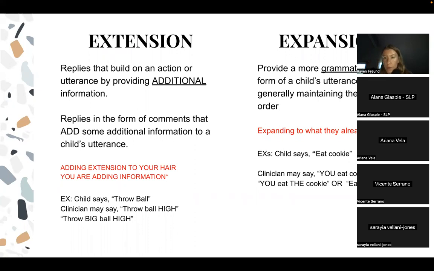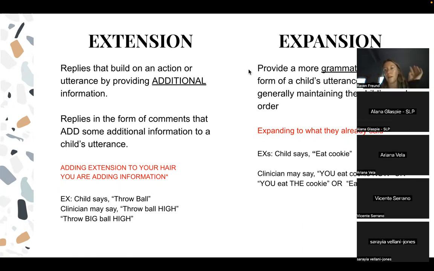So you're expanding what they already say. If they say eat cookie, you say, you eat cookie, or you're eating, or eat the cookie. So expansion, think grammar, and extension, think additional info.